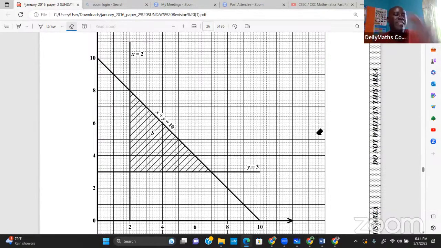And if it is less than, it's underneath. But you would know if you have vertical or horizontal lines, you will know numbers. For example, this line, x is equal to 2. We already know the numbers greater than 2. They go that way. So that's not a problem.